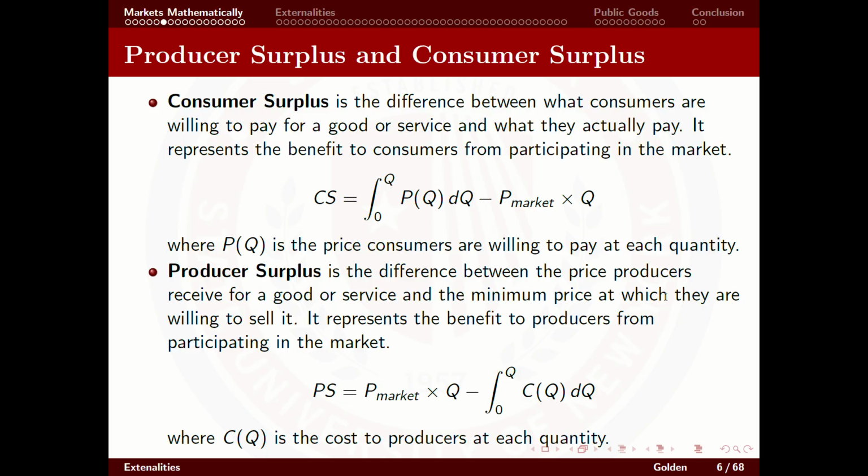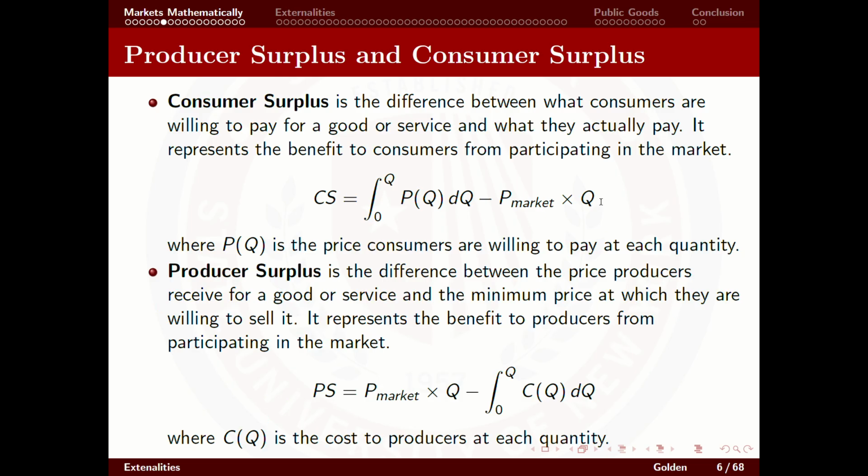So now let's get on to something we did talk about last time, which is consumer and producer surplus. This is probably not new to you either. You probably saw this in principles or applied micro. Consumer surplus is the difference between what consumers are willing to pay for a good or service and what they actually pay. So it's the area under the demand curve between the price consumers pay and the price they're willing to pay.